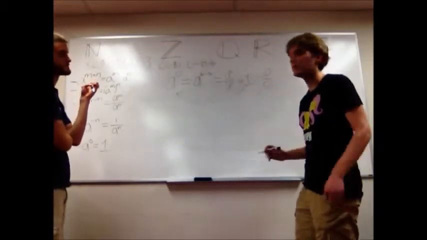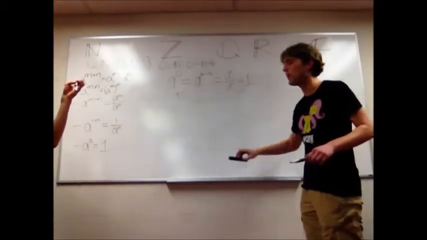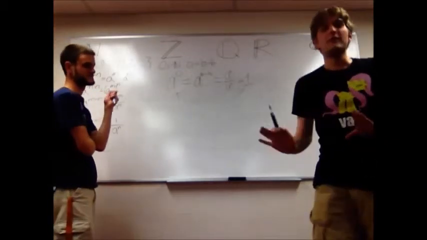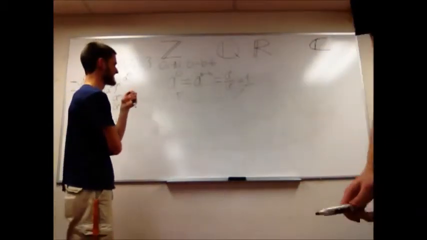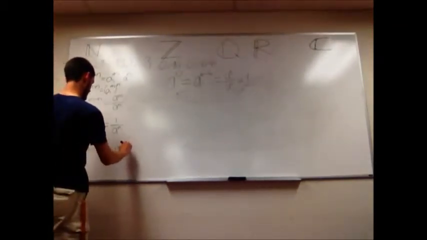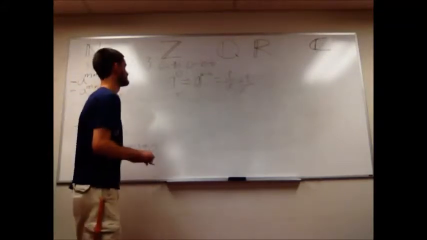This is not true. 0 over 0 is indeterminate. There's countless arguments for why it can't be 1. Don't use that argument. Just don't. So we'll add down here a is not 0, when a is not equal to 0.